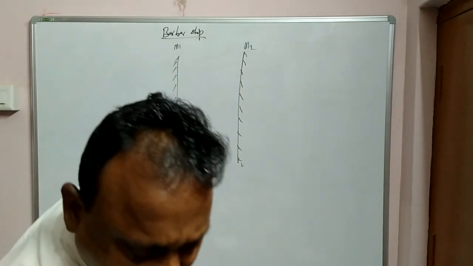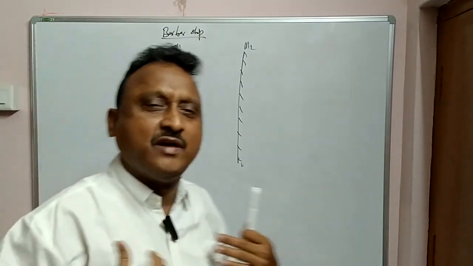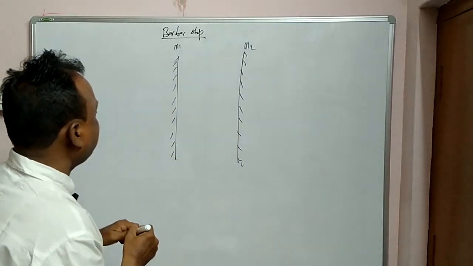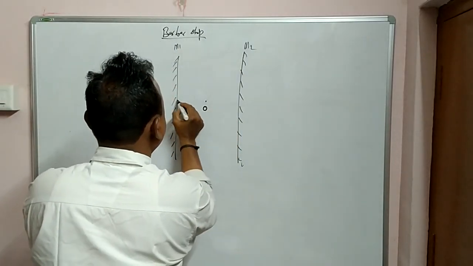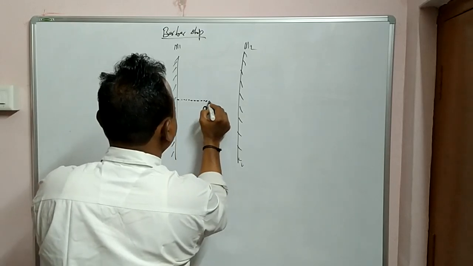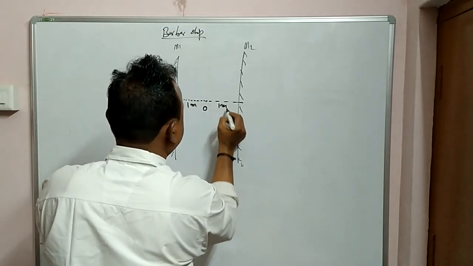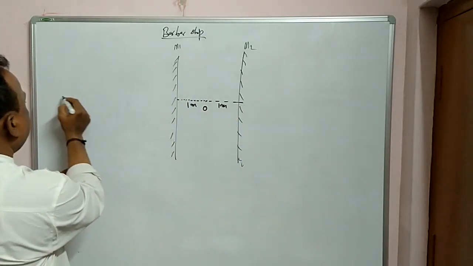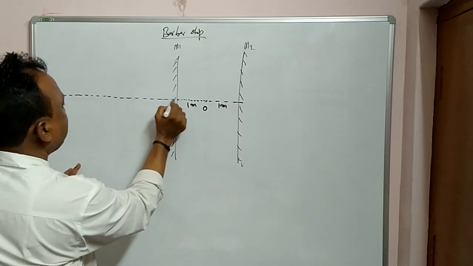Especially this happens in a barber shop. Infinite images are forming. Your face appears 100 times, 1000 times, 100,000 times. For example, the object is here, a point object. You can take equal distance or even unequal distance: 1 meter from the first mirror, 1 meter from the second mirror. Now this is an imaginary horizontal line.